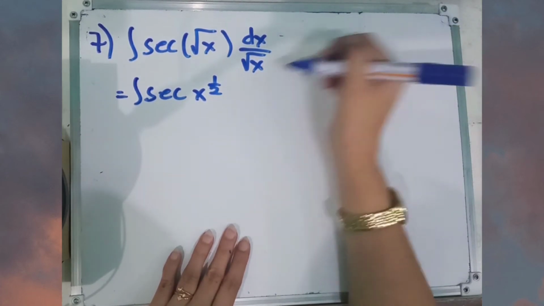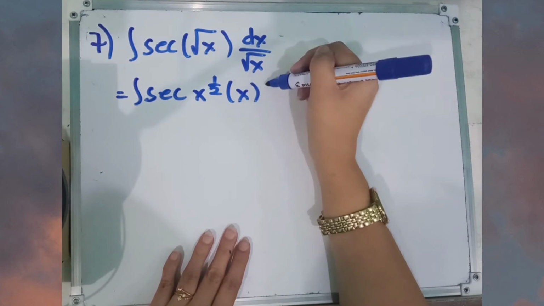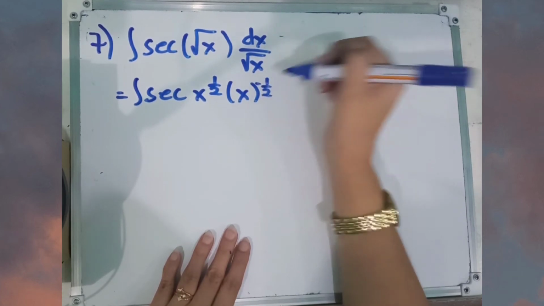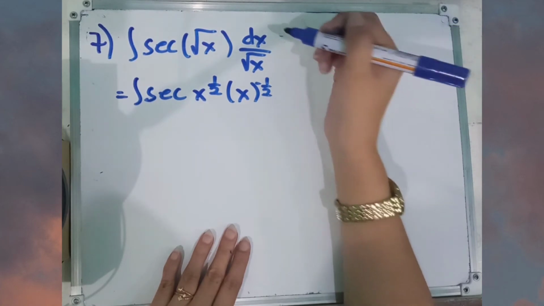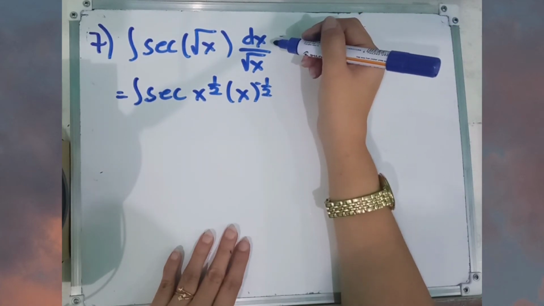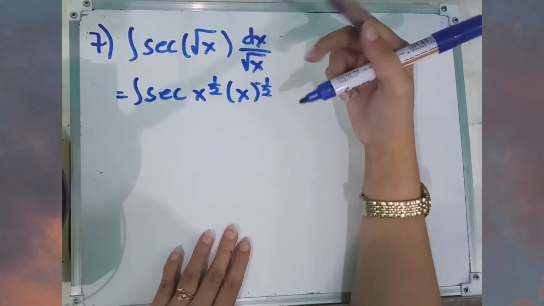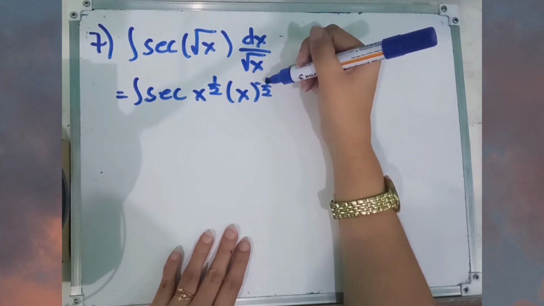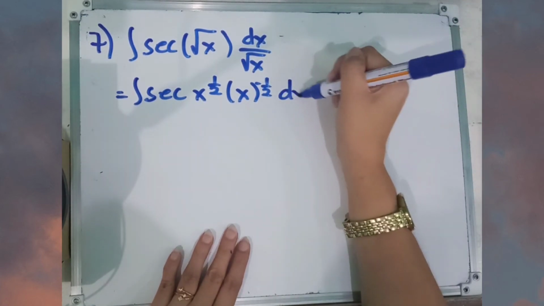This one we can rewrite as x to the power of negative 1/2. Why negative? Because if we want to put it on the numerator, we need to look for the inverse, or if it's positive, then the sign will be negative dx.